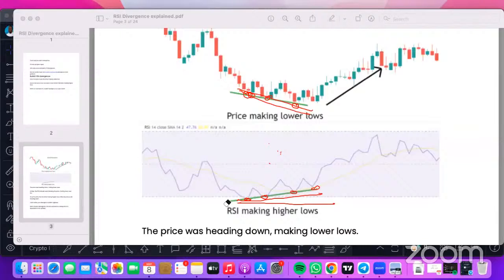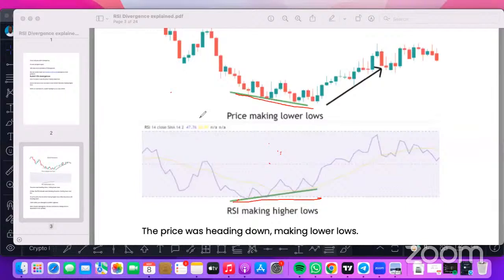Is that clear, guys? Or shall I repeat? When you connect these points, here you draw the line going down, but here you draw the line going up. Give me one in the chat if I'm clear.